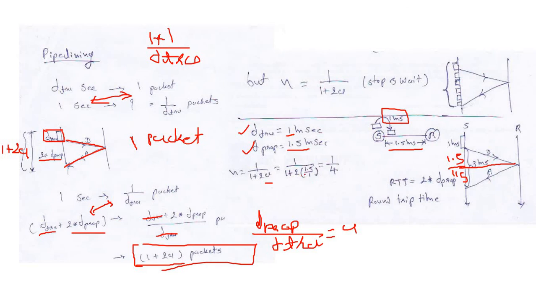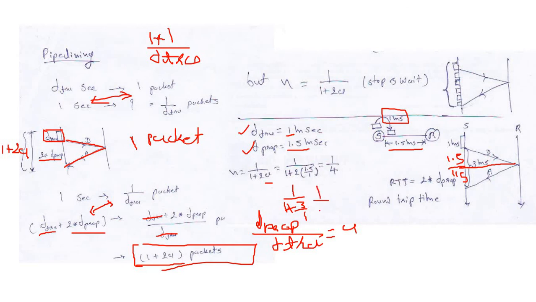So whenever we solve this equation, 2 into 1.5, we will get 3. 1 upon 1 plus 3 by 1. The answer of 3 by 1 is 3.